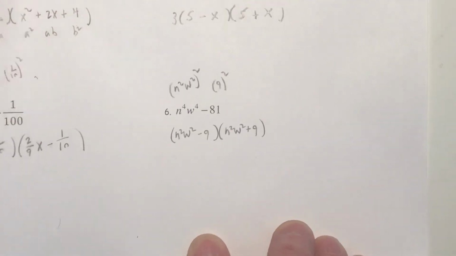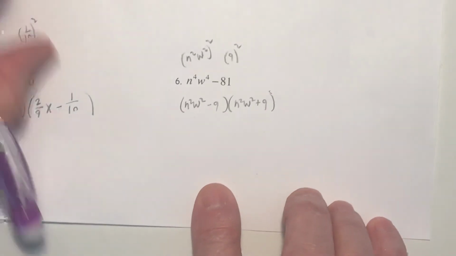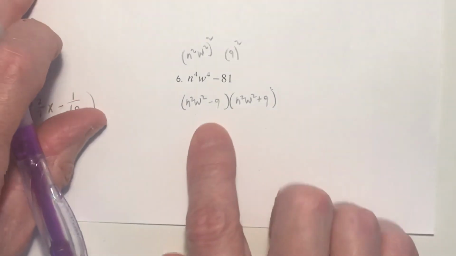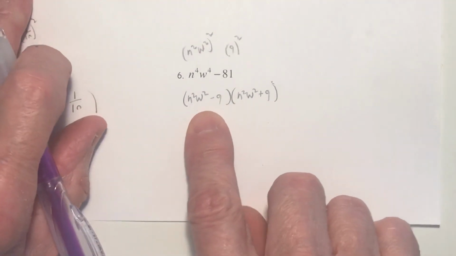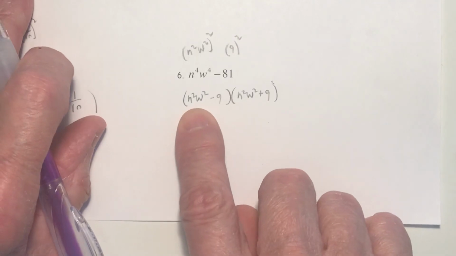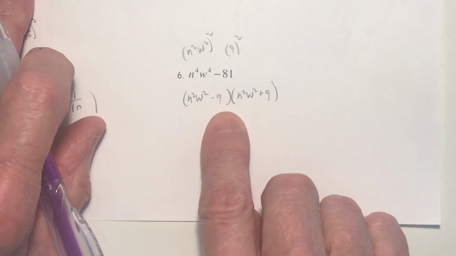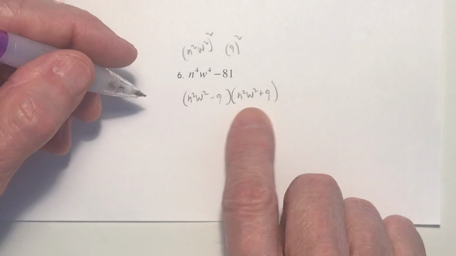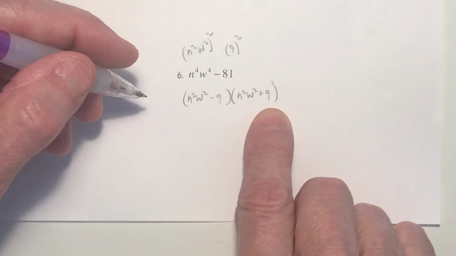How many people think we're done now? Yes, that's right. We're not done yet because this is a perfect square also. This is the square of nw minus the square of 3. This is a sum of squares. That doesn't go any further.